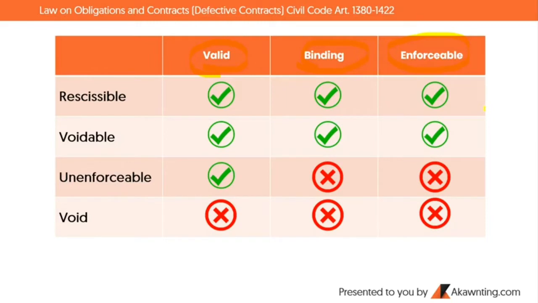Kung ano man ang nakasulat doon sa contract, mababind pa rin yung mga involved na parties at magiging enforceable yun laban sa kanila. Okay? If ever meron di ba, mga provisions yung contract natin. Okay, pagdating din ng voidable, ganun din. Lahat ng mga magiging examples natin, pagdating sa mga next videos natin, lahat ng mga voidable contracts are still, just like the rescissible contracts, are still valid, binding, and enforceable. Okay?